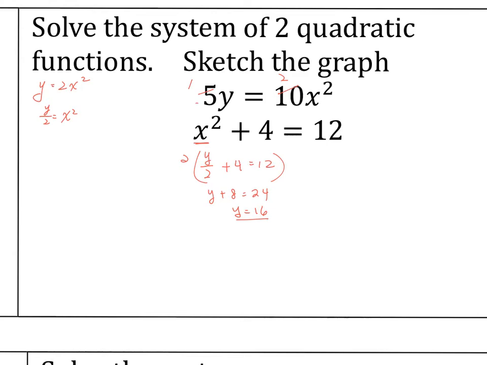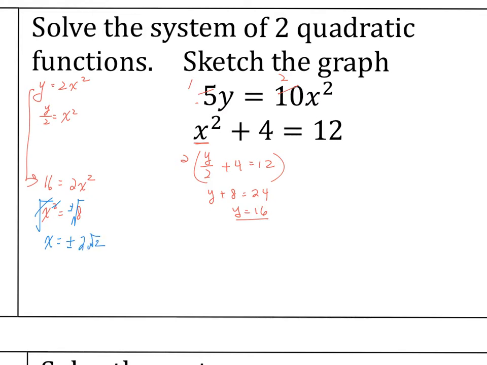I'm going to take the first equation, well, we'll just use y equals 2x squared because I simplified that. I'm going to substitute y for 16. I need to solve for x. X squared will be equal to 8, and here I need to use square roots to solve. So this would be plus or minus 2 square root of 2.